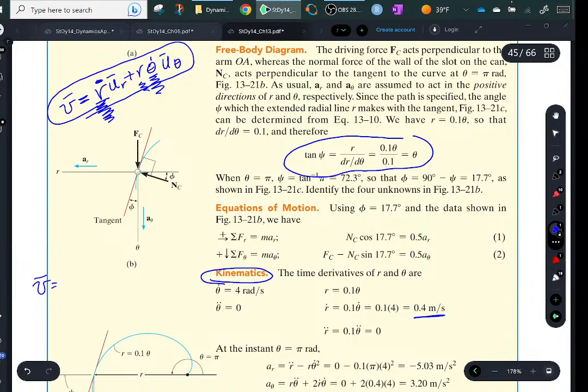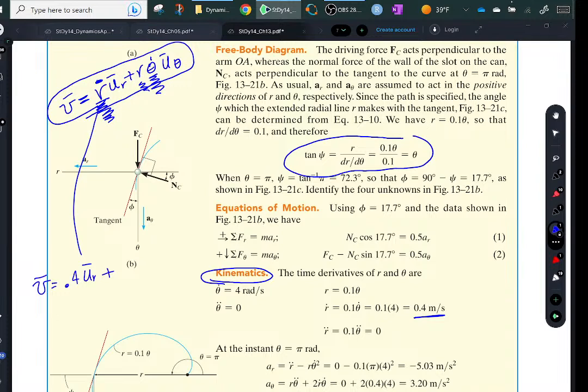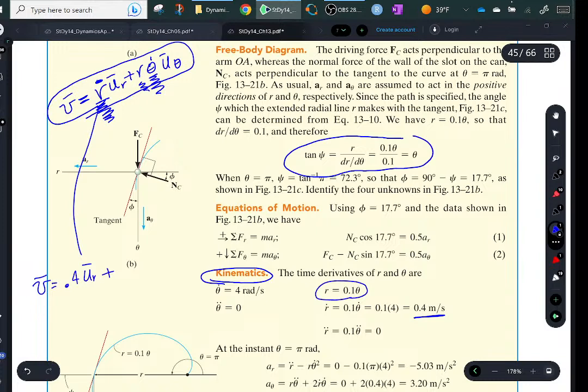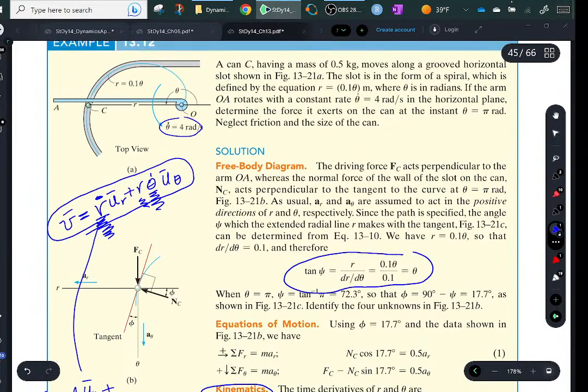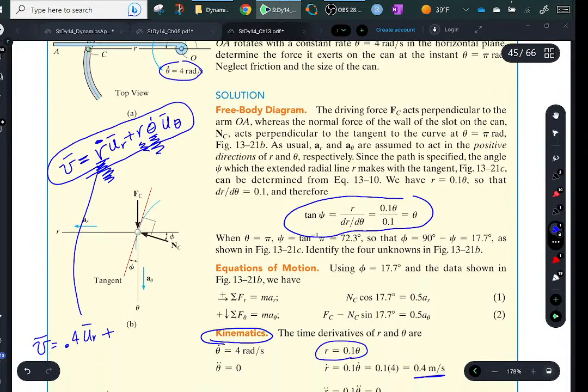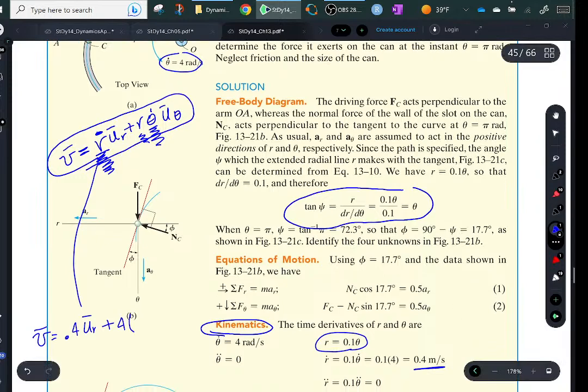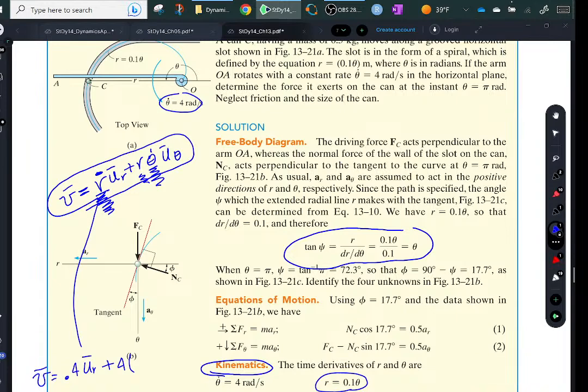Well, it's r dot, 0.4, u_r plus r theta dot u_theta. Where's theta dot? Well, his theta dot was 4. So his 4, that's the theta dot. But what is the r at that point?